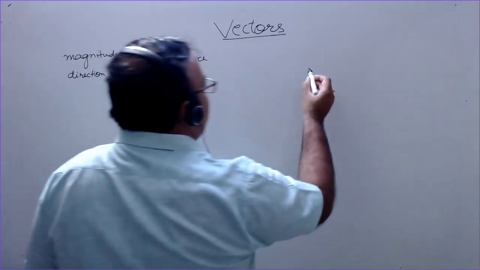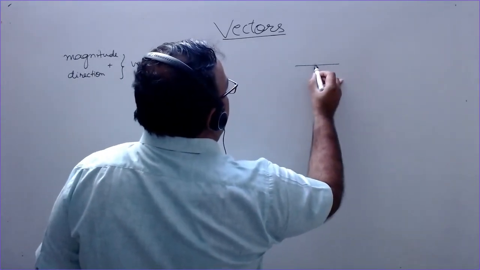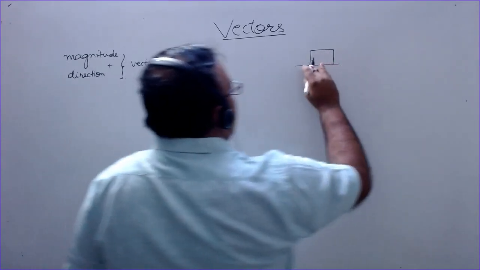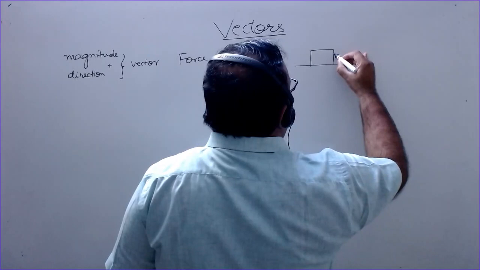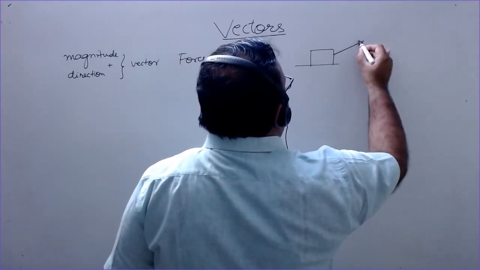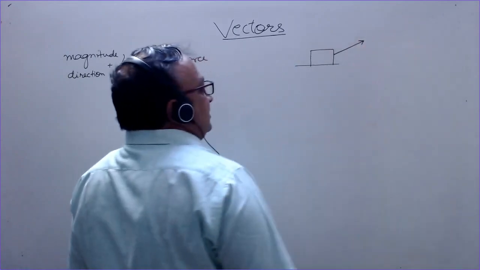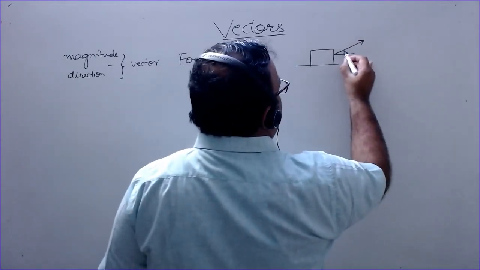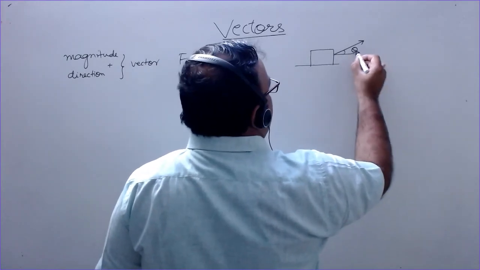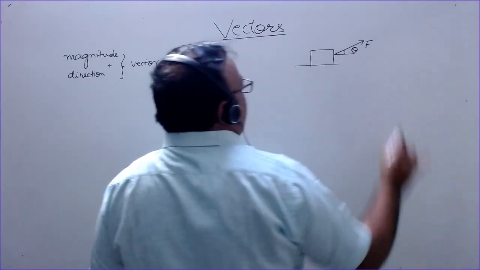Suppose you have a body which is kept here, and you tie a string to this body and pull it in this direction. This is making an angle of, say, theta with the horizontal direction. You are applying the force F.